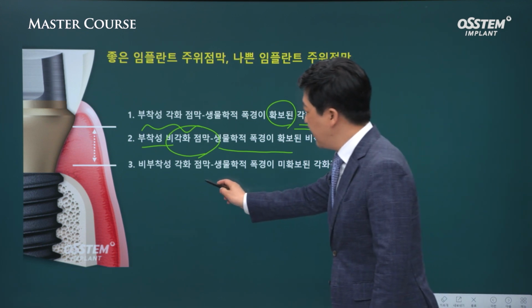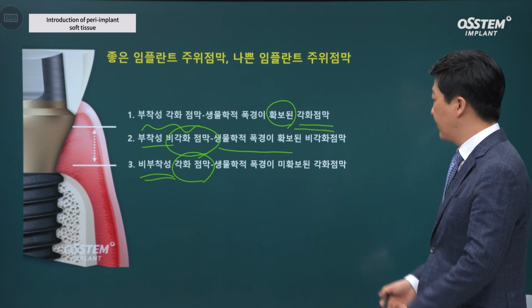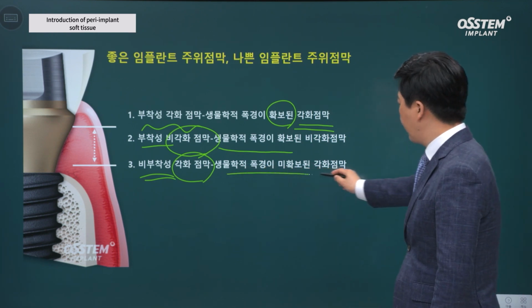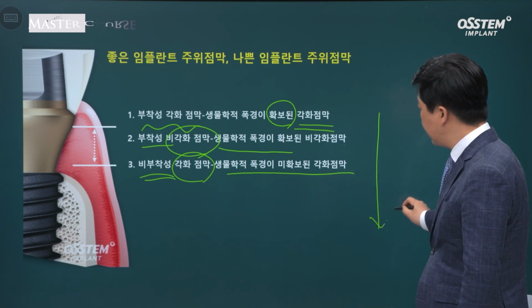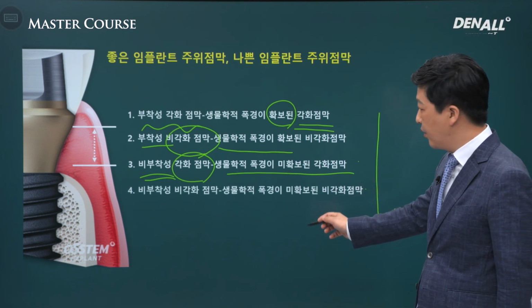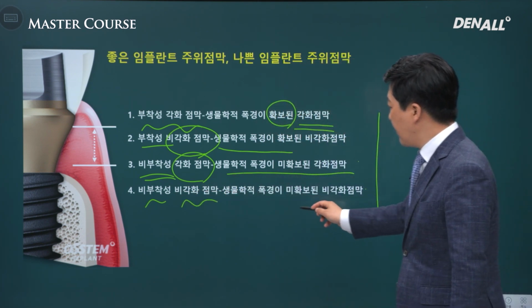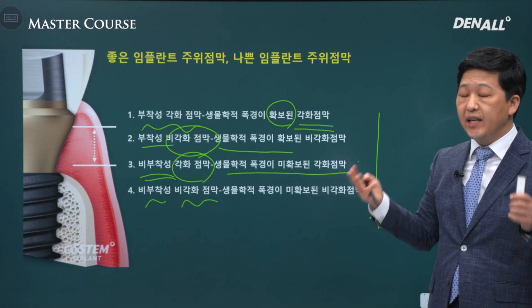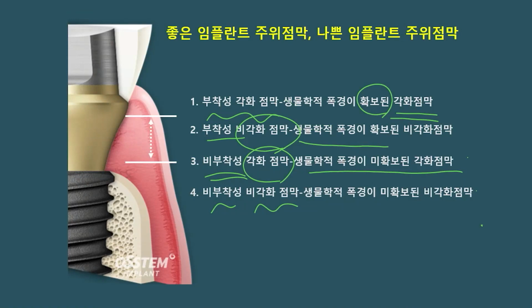Third, there is a keratinized tissue, but it is not attached. Biologic width is not secured, but there's a keratinized mucosa, and there's that much higher possibility of bad prognosis. Last but not least, this is the case where bad prognosis is bound to occur. This is non-attached, non-keratinized tissue. There is no biologic width, and our body naturally responds by resorbing the bone and tries to secure the biologic width. There's very high possibility of peri-implantitis occurring in this case.